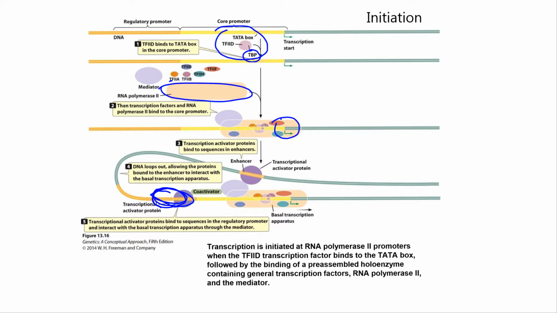Enhancers can attract enhancer proteins, which trigger bending of DNA right here. The DNA creates a loop, and through the mediators or coactivators, it can interact with the basal transcription apparatus and initiate transcription.